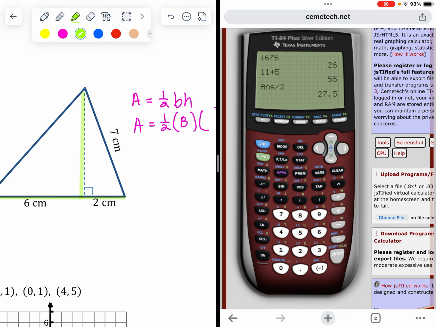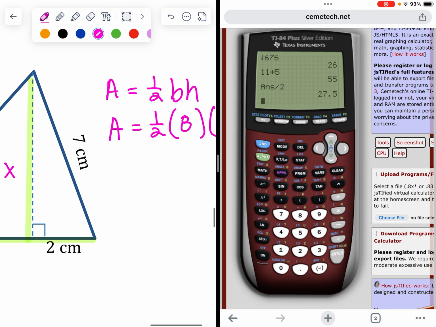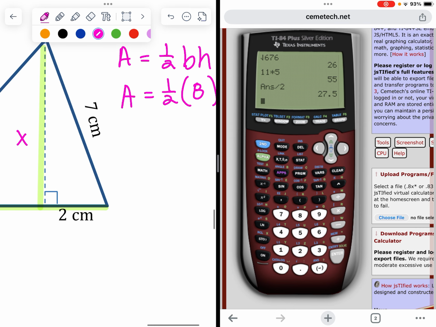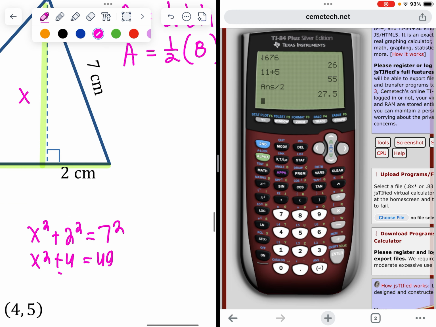So what I'm going to do is I'm going to call it x. And then I'm going to find it using this right triangle, Pythagorean theorem. X squared plus 2 squared equals 7 squared. X squared plus 4 equals 49. Subtract 4. X squared equals 45, and then square root to solve.